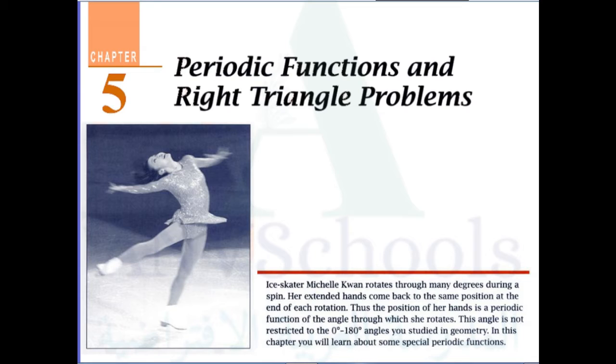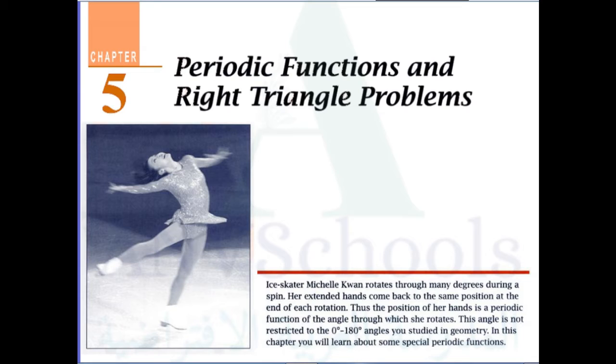As you can see here, a picture of ice skater Michelle Kwan rotates through 90 degrees during her spin. Of course in ballet or in snow ballets like that, especially in ice skating, the contestants and the performers normally rotate through many positions, and normally they are in angular degrees.